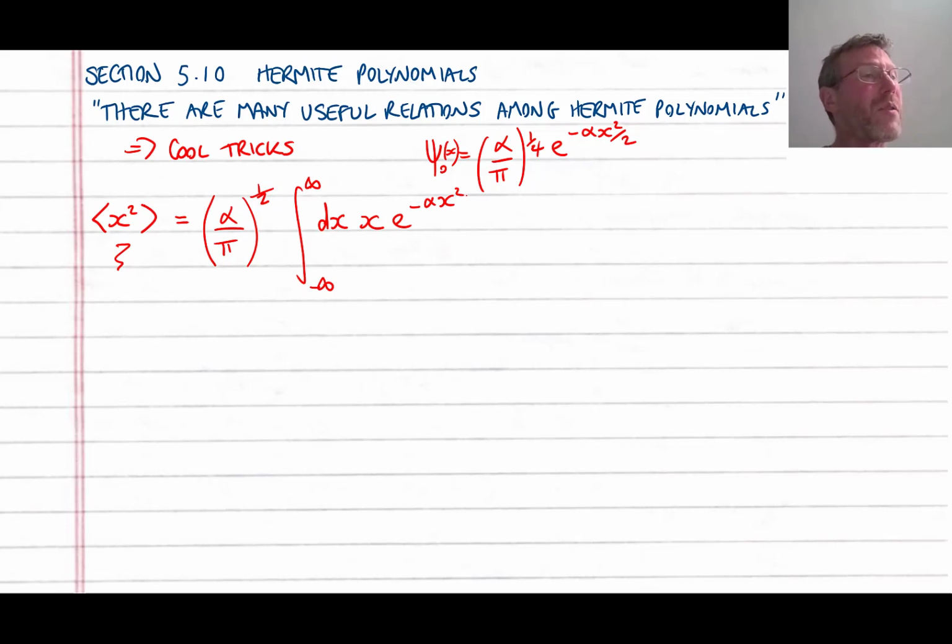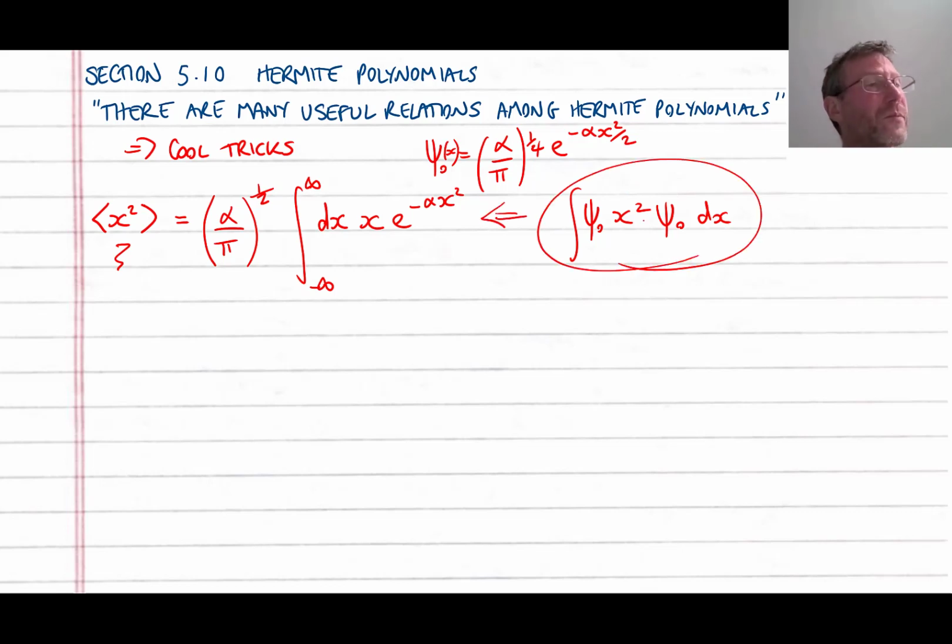So what's happening in here is we've got psi naught times x squared times psi naught dx. That's what this expression is. What else can we say? We know our xi term is equal to alpha to the half times x.